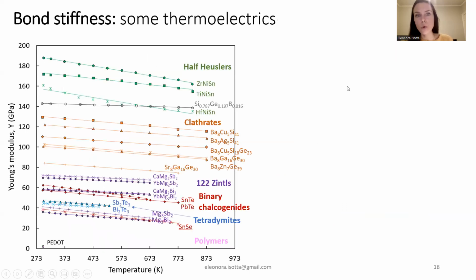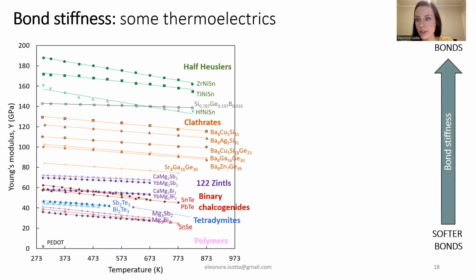Okay, but let's explore how elastic moduli trend among thermoelectrics. This is a compilation of a series of thermoelectrics. You can see straight off the bat that with temperature, we always have this decrease of elastic moduli. And we can see that different types of thermoelectrics span a large range of, for example, Young modulus in this case.